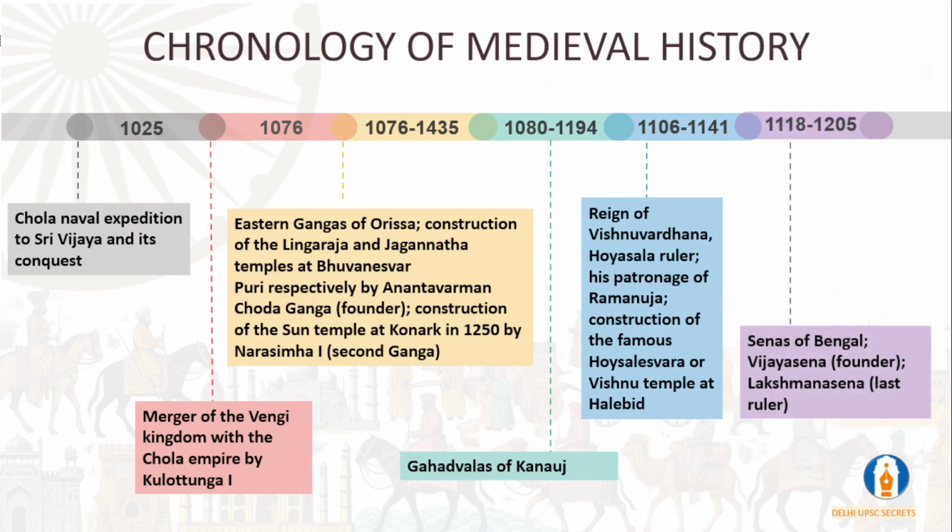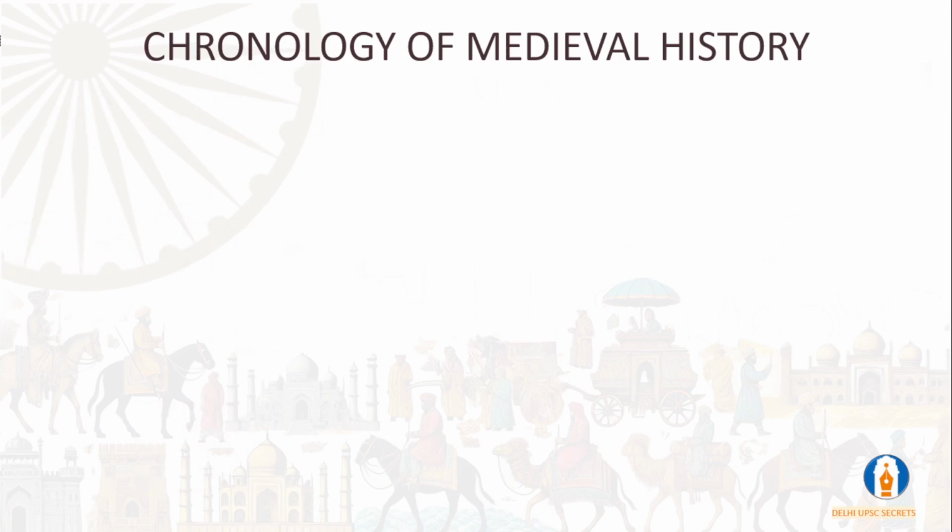Moving forward, 1118 to 1205 AD is a period where the Senas of Bengal started rising. Vijaya Sena is the founder, and Lakshmana Sena is the last ruler.